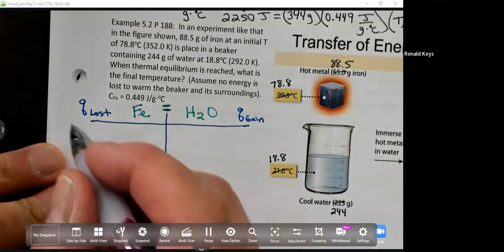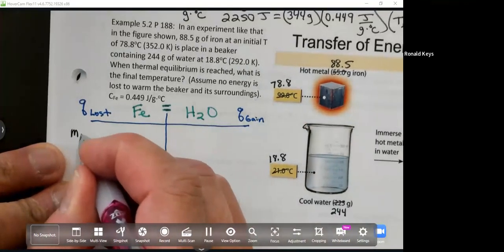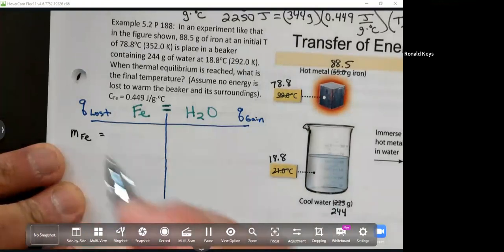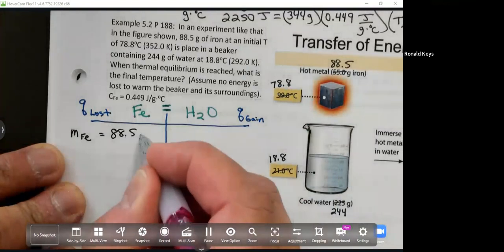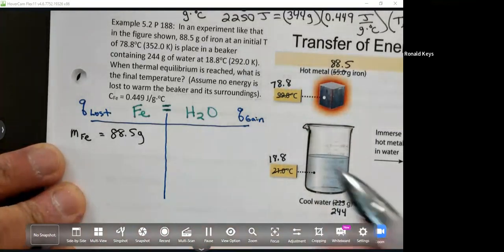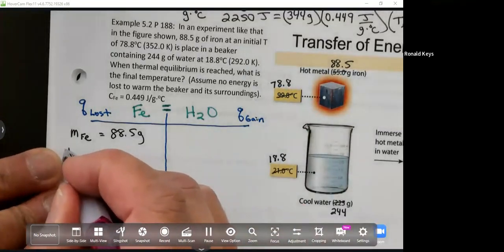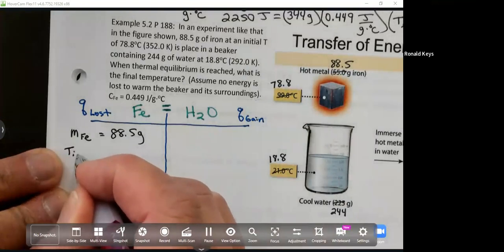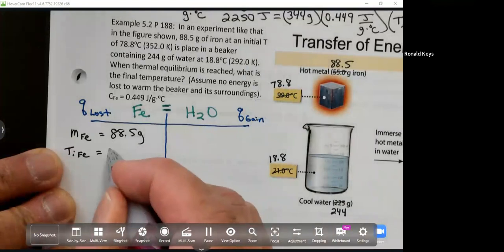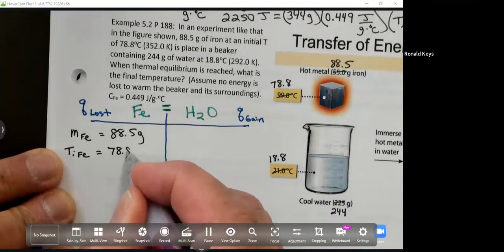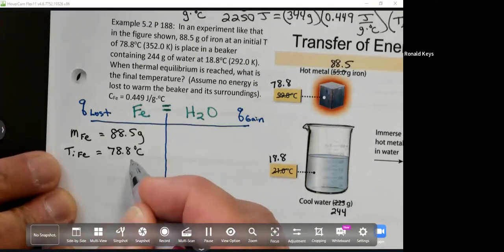Let's just identify everything. My mass of iron is 88.5 grams. My T initial of the iron is 78.8 degrees Celsius.